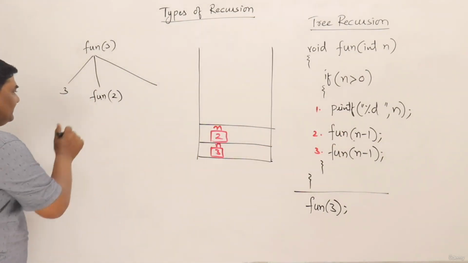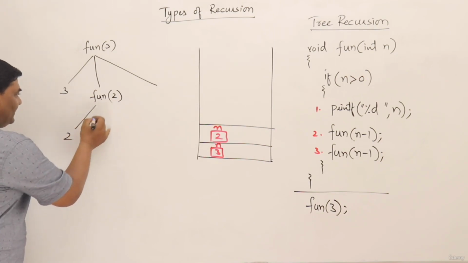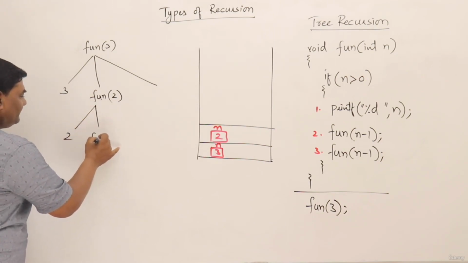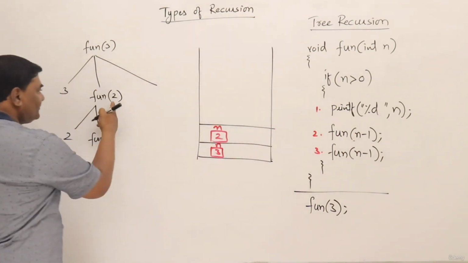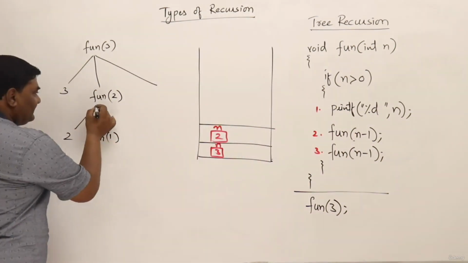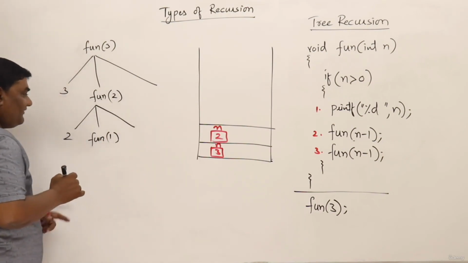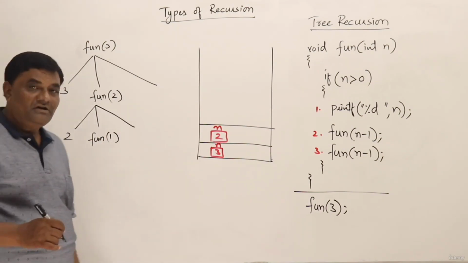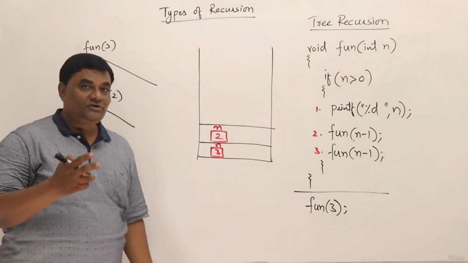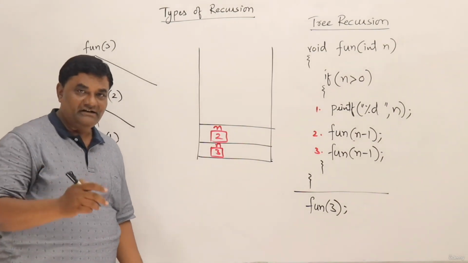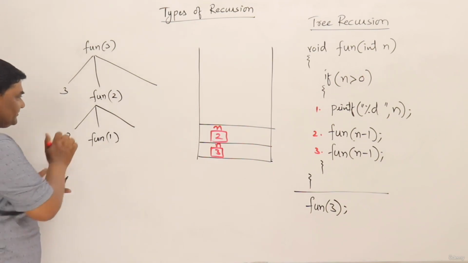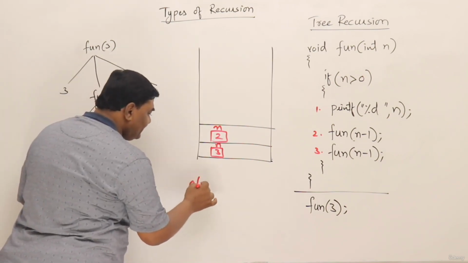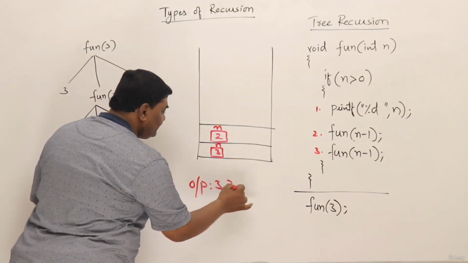Print 2 and make 1 call with n-1, so 2 minus 1 is 1. The second call it will make after finishing this one. So far we have 2 values printed. I will also write the output here. The output of the function so far is 3 and 2.